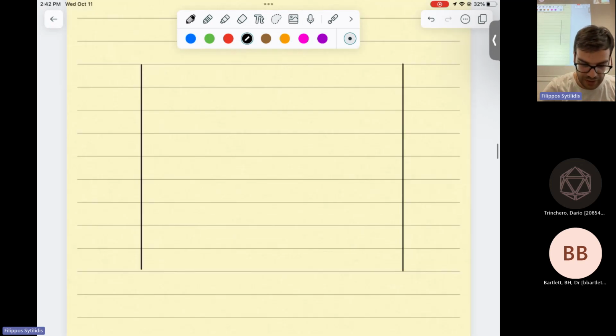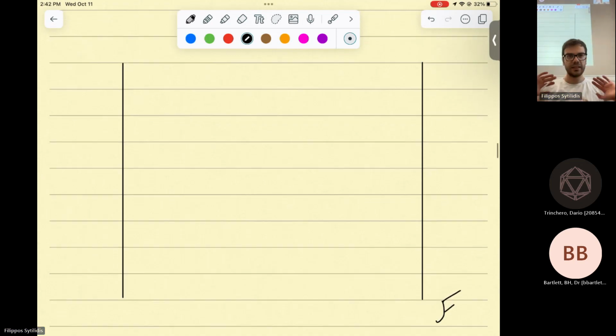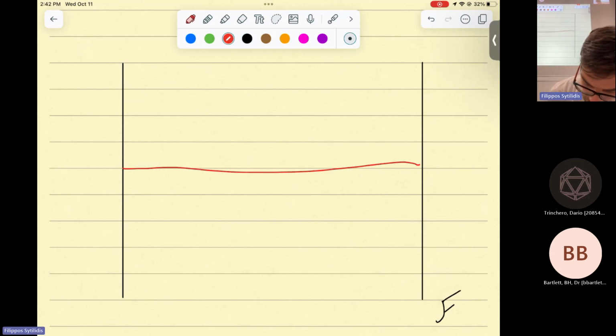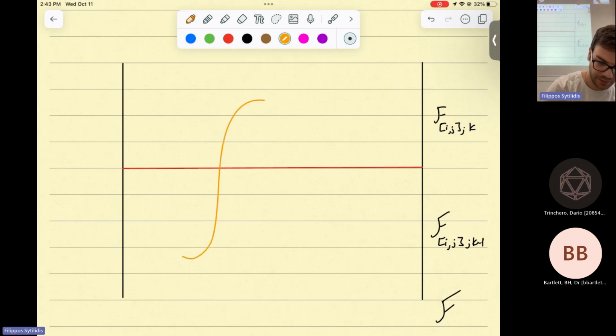What I'm going to draw is some vague picture of curly F. I will distinguish between, let's see, this lower half is F I comma j with at most k minus 1 critical points of index I, and the top is F I comma j with at most k critical points of index I. And I have some kind of path here.